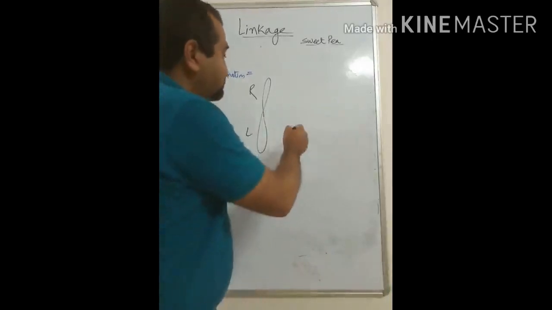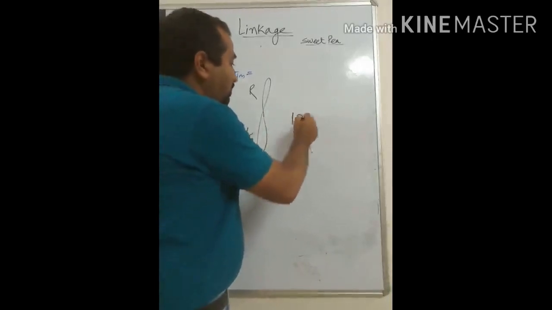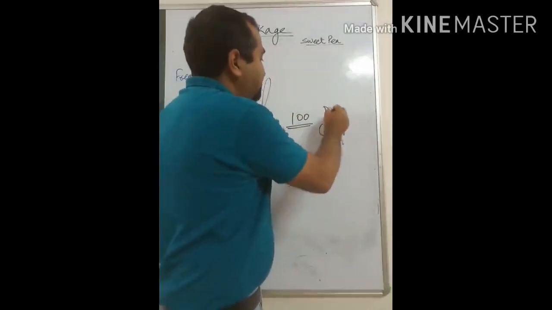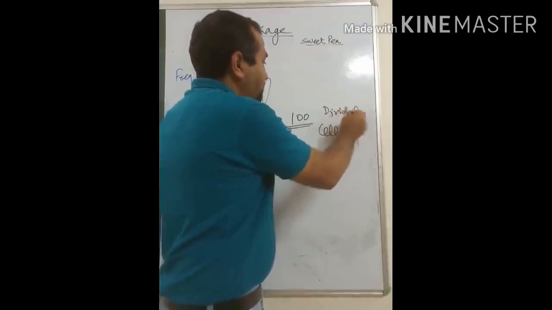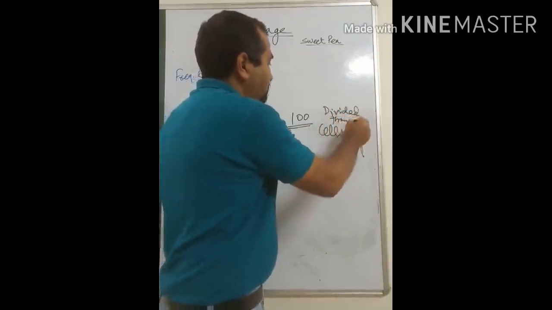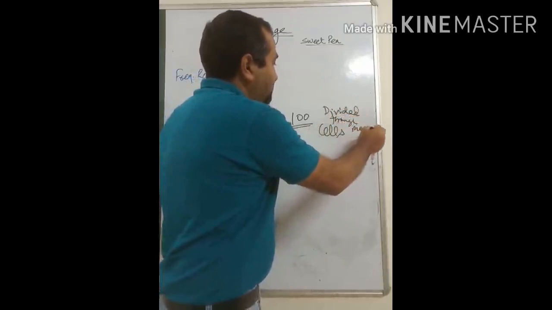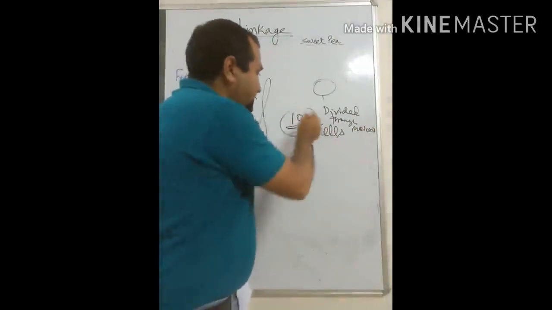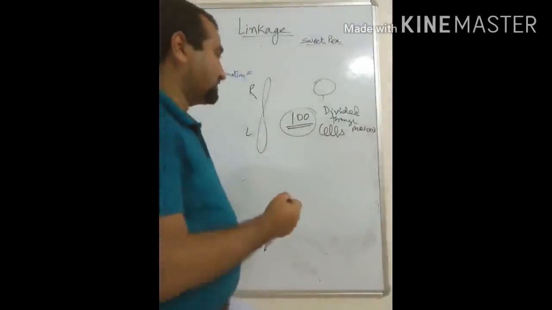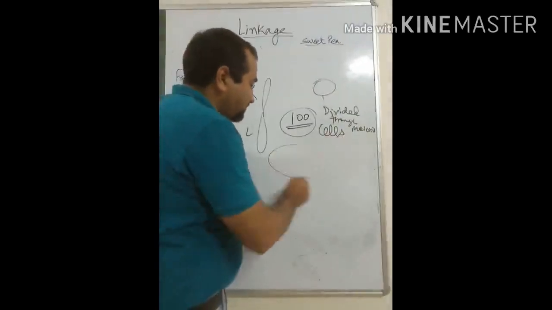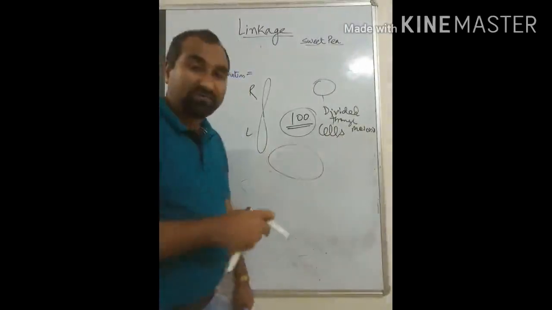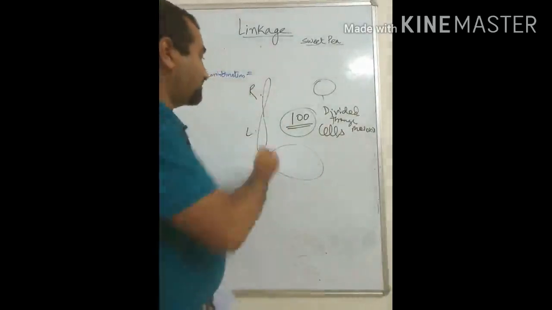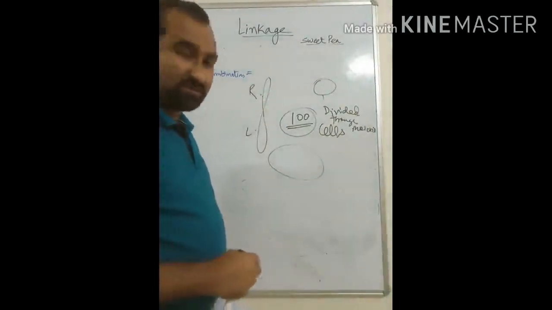Suppose 100 cells are produced through meiosis, and in each cell we want to observe the number of crossovers, that is, the type of gametes between both the genes.